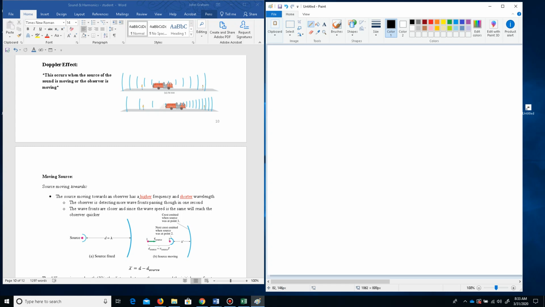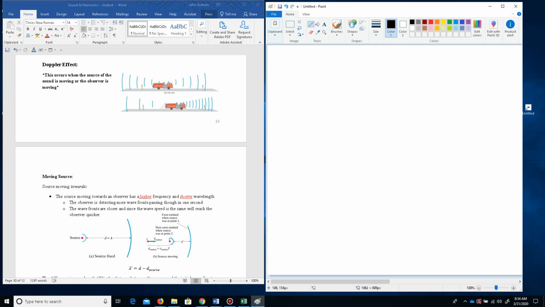But the equations all look very similar, so they're sometimes easier to remember. There are tricks to remembering which one means which. The Doppler effect deals with when the source of the sound is moving away from the observer, or the observer is moving away from the source of the sound.